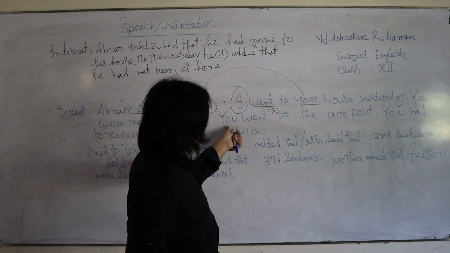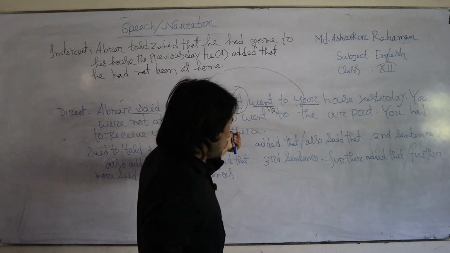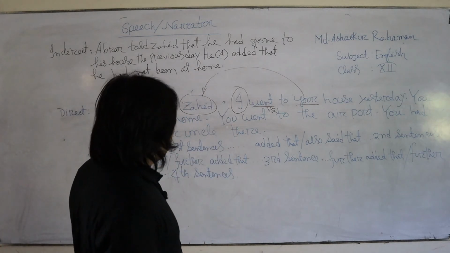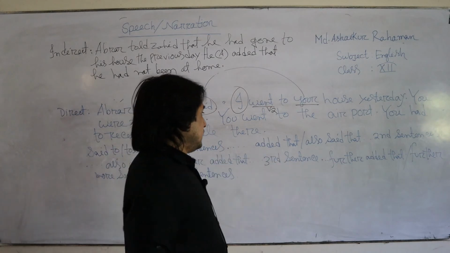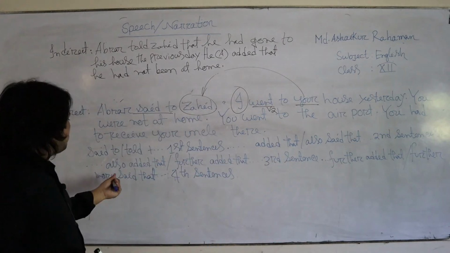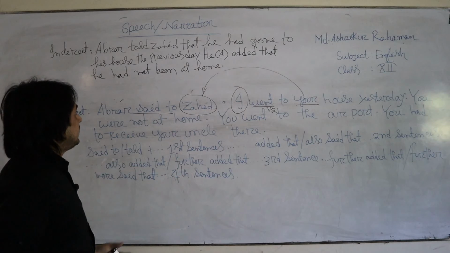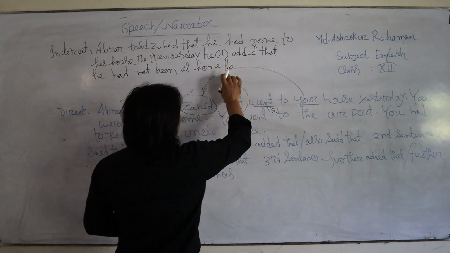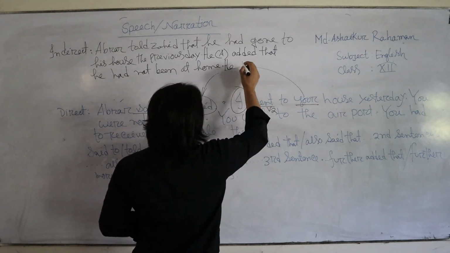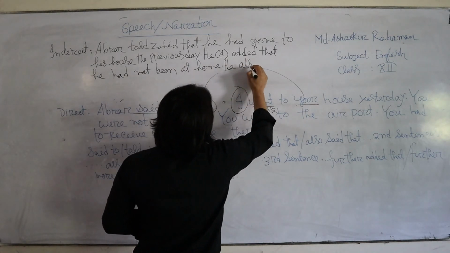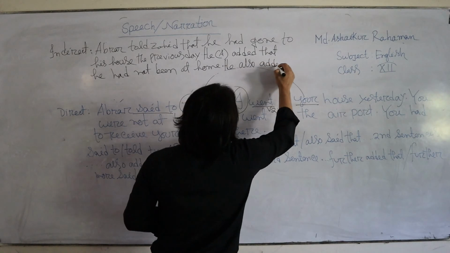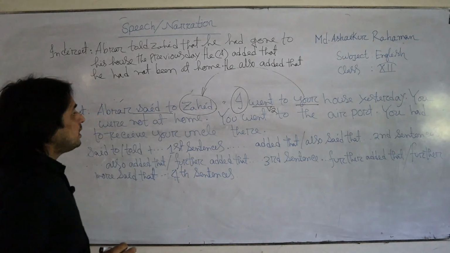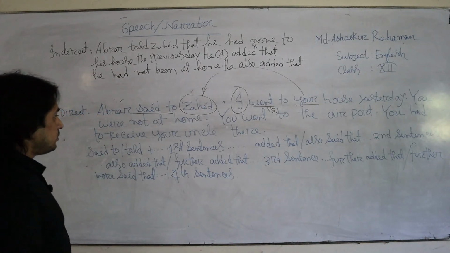Now the third sentence: You went to the airport. That's why we have to use also added that or further added that. Hereafter, we'll write his pronoun: he also added that. Instead of also added that, you can use further said that.